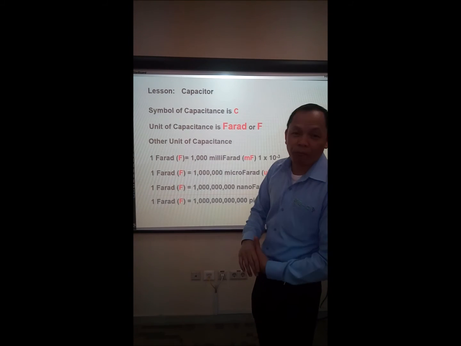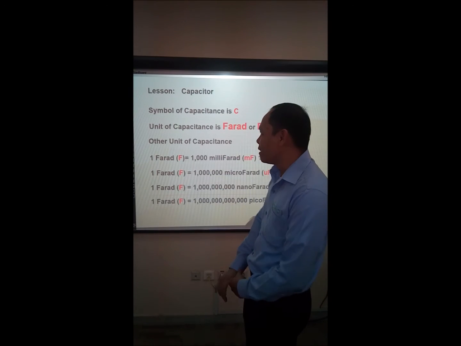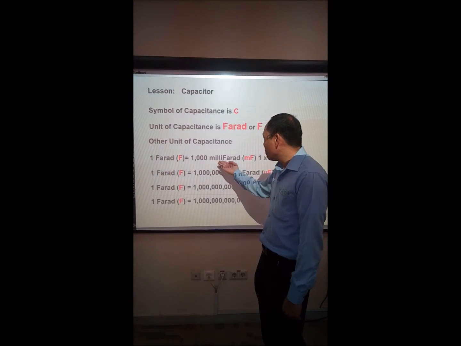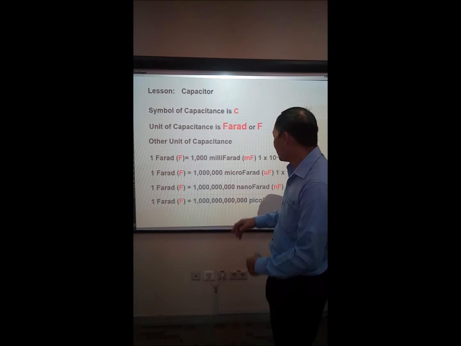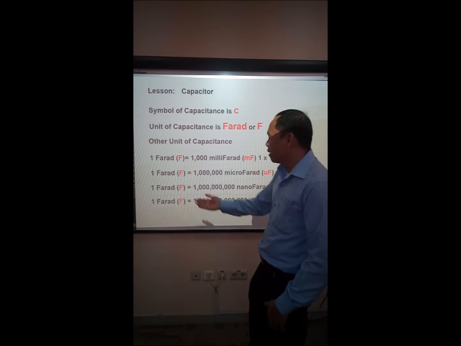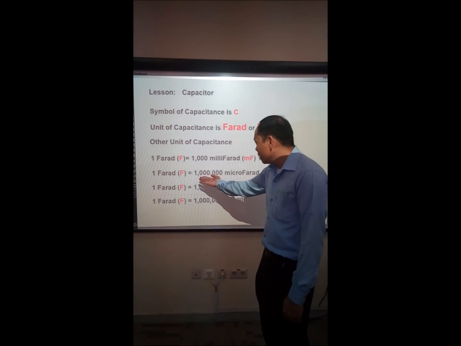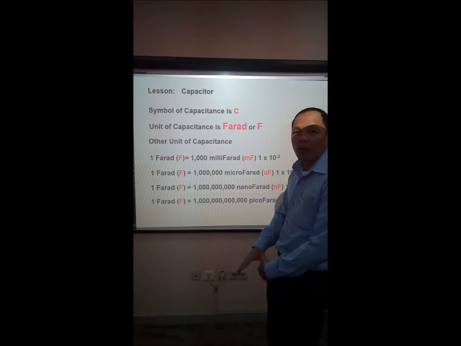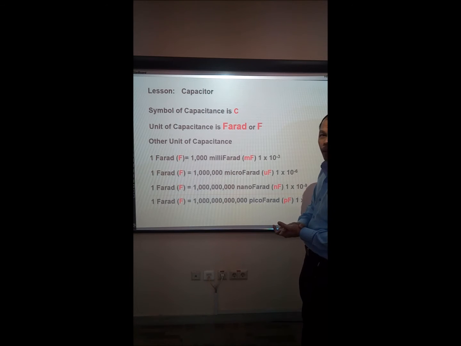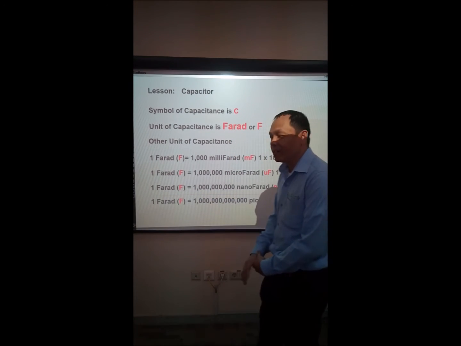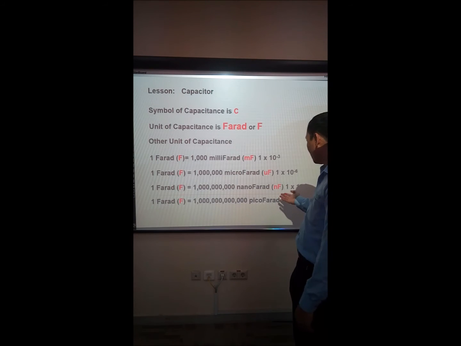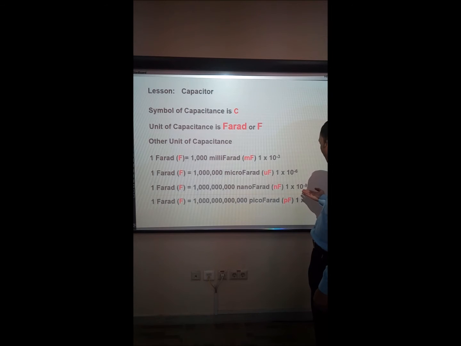The symbol is F. Other units of capacitance: 1 farad is equivalent to 1000 millifarad, or 1 times 10 to the power of -3. 1 farad of capacitance is equivalent to 1 million microfarad, or 1 times 10 to the power of -6. 1 farad is equivalent to 1 billion nanofarad, or 1 times 10 to -9.